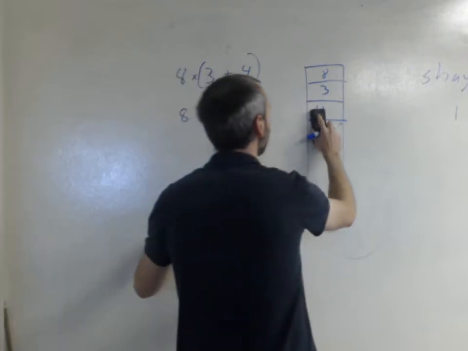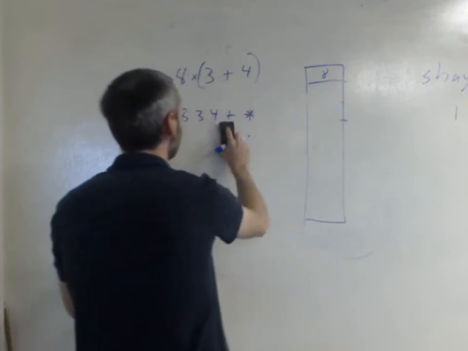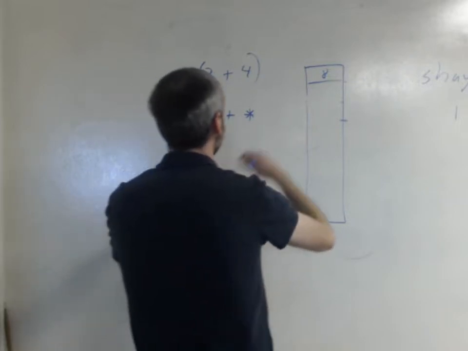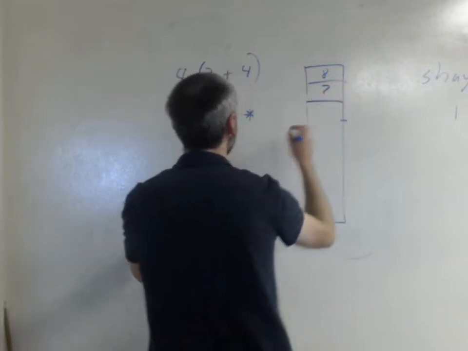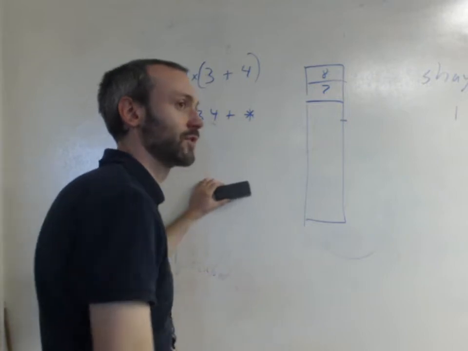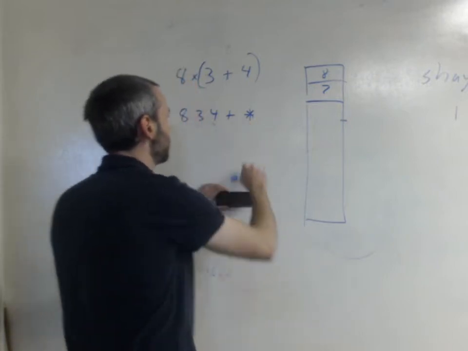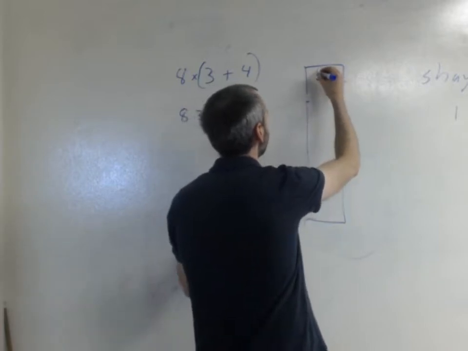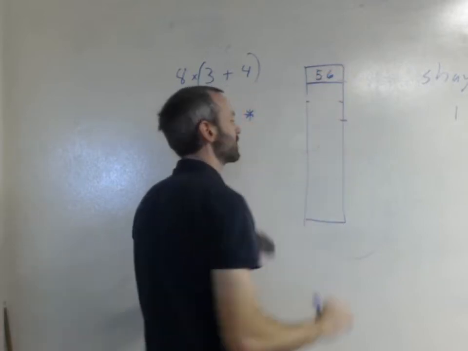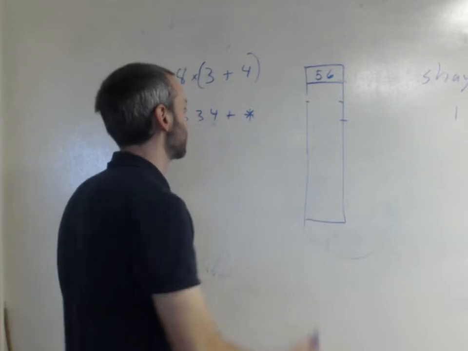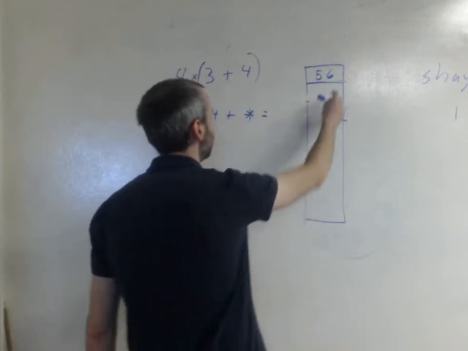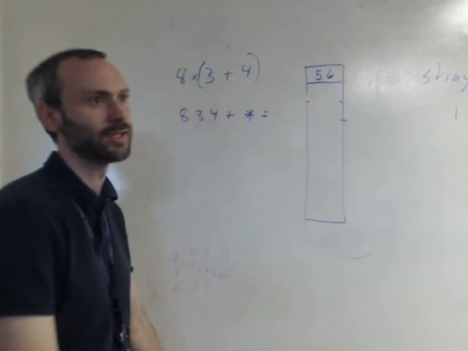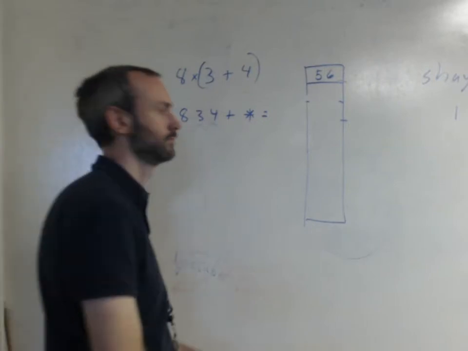When we see the plus, we pop the two elements, the 4 and the 3. We do the operation, 3 plus 4, so that means 7. And then we push the result. Then we see multiplication. So we're going to pop the two numbers again, do the multiplication, and we push it back on the stack. And then technically, if you write an equal sign, that means just take the top result and print it.